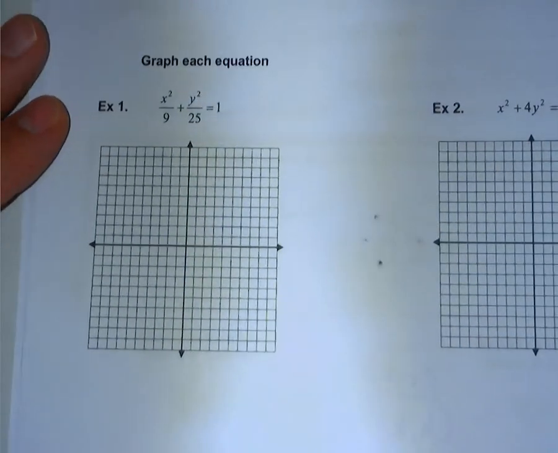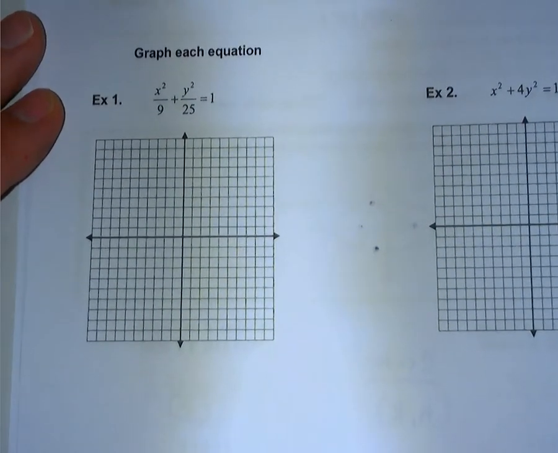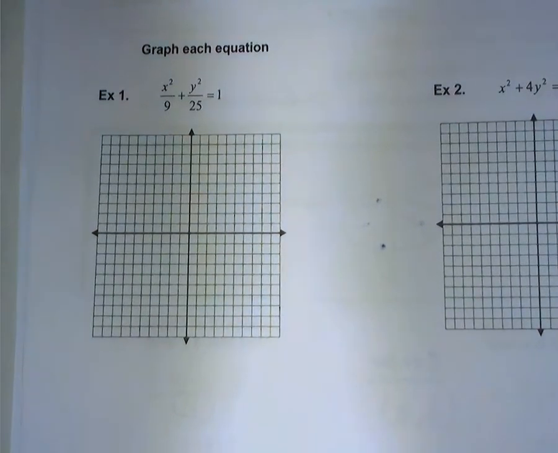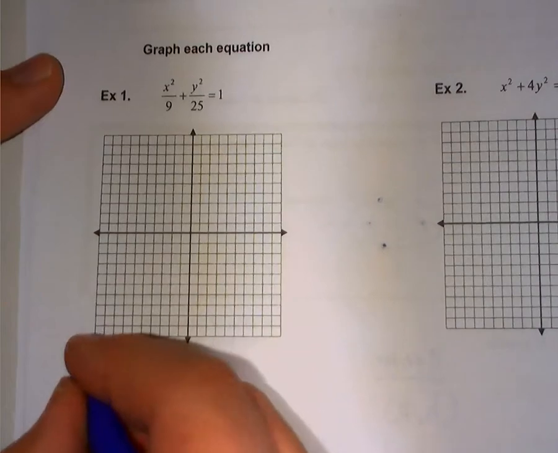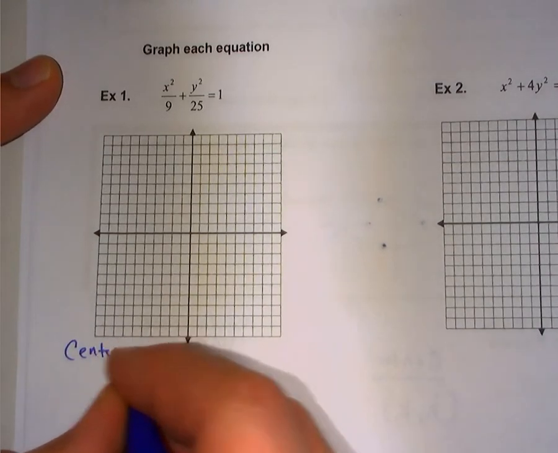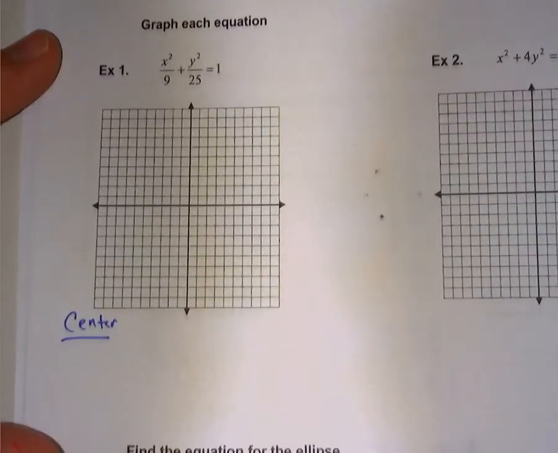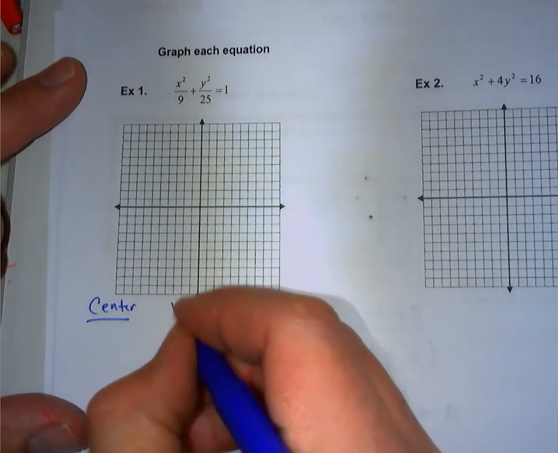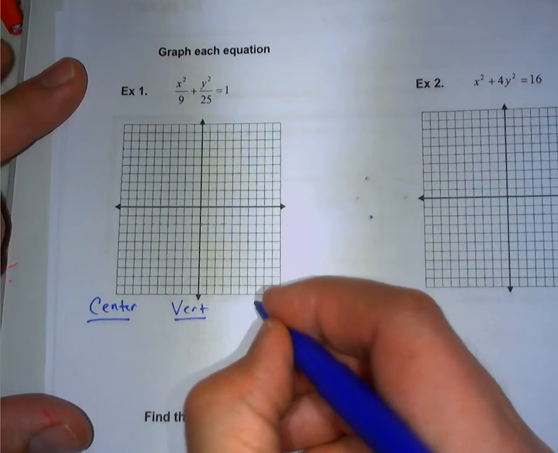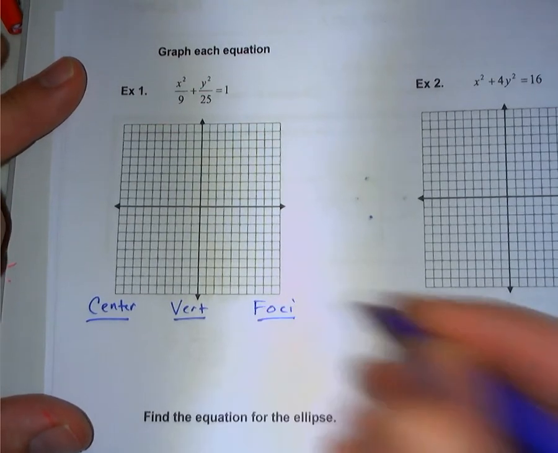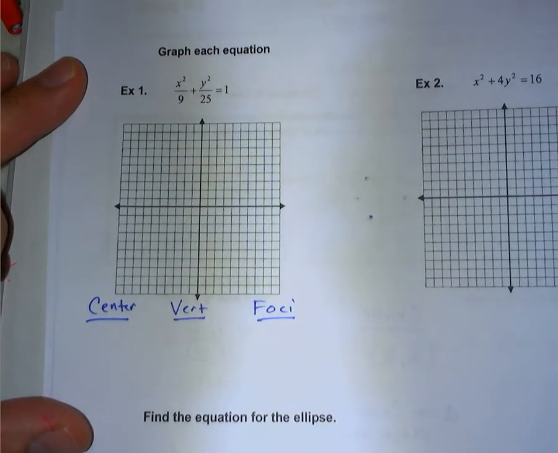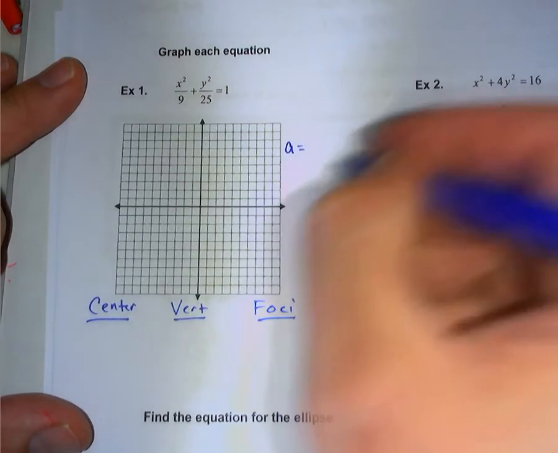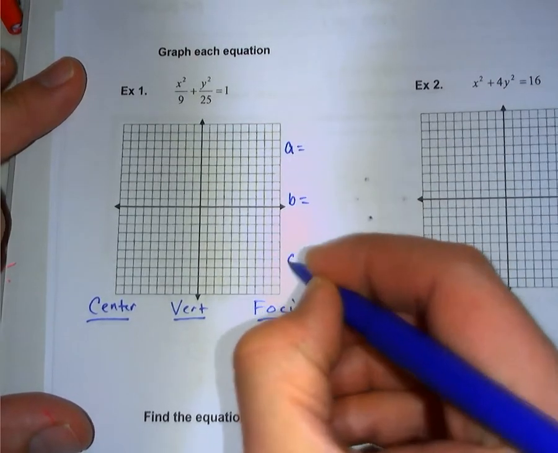So example 1, I've got x squared over 9 plus y squared over 25, and that equals 1. And the things on a quiz or test I'd want to know is what's the center. I'll have little blanks there for you. So what's my center? 0, 0. Hang on. What's my vertex? And what's my foci? Those are what we've got to find. For me to find those, I'll eventually need a, b, and the c value.